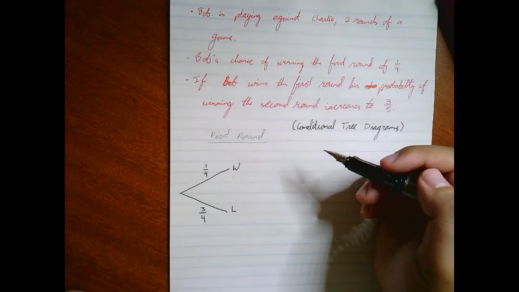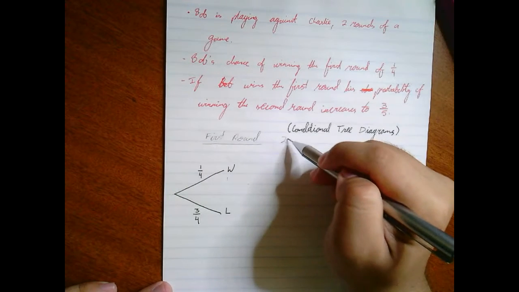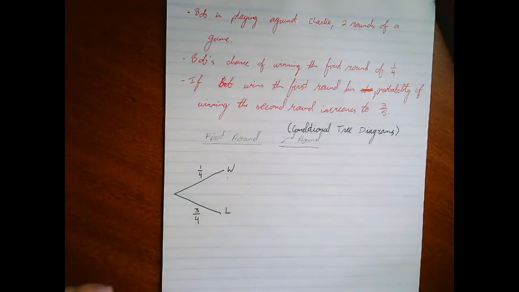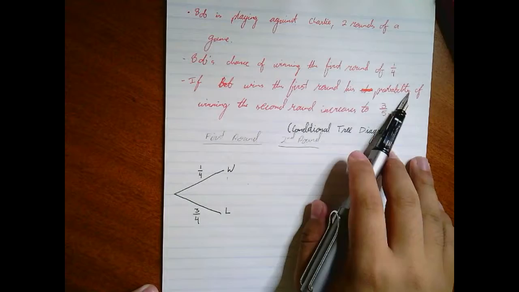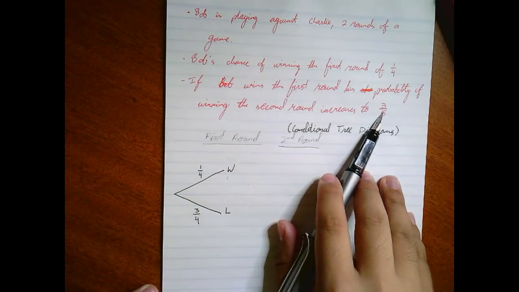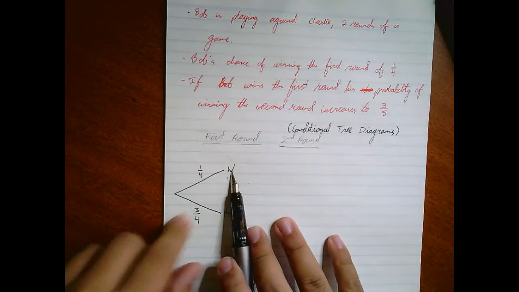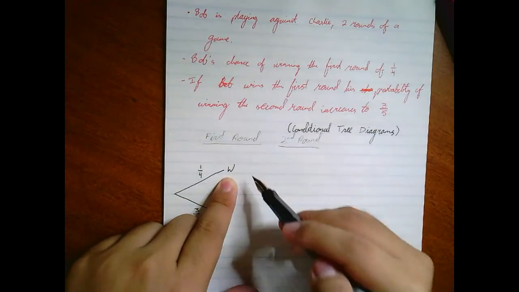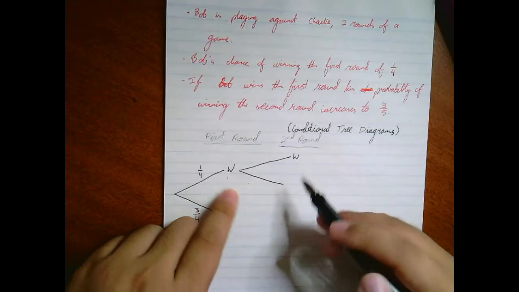Okay. Now, in the second round, it says that if Bob wins the first round, his probability of winning the second round increases to 3/5. Well, let's just pretend that Bob did win. So he went down this path. Again, on the second round, he could either win or lose.